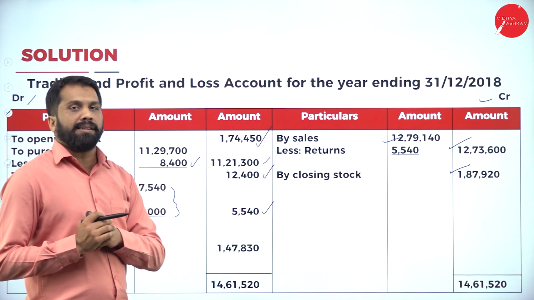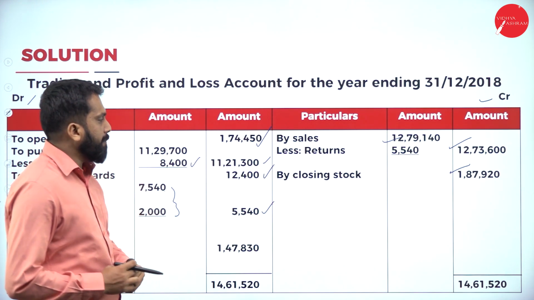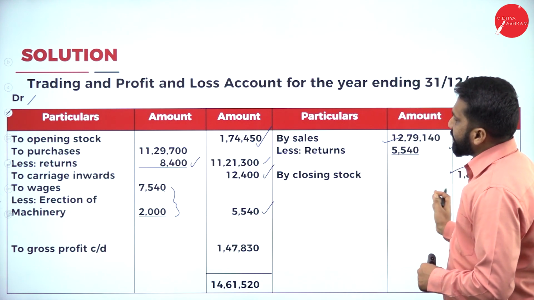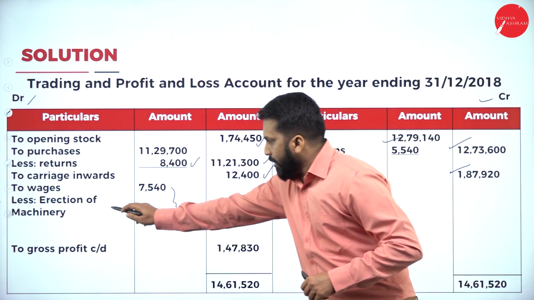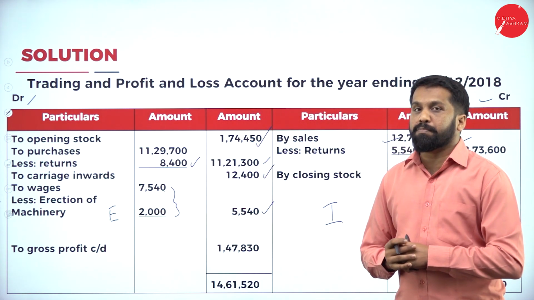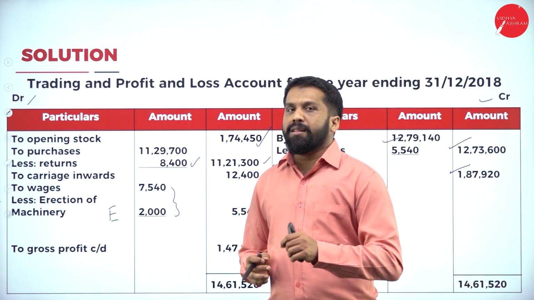Hope you understood. Now, we have completed the first part. Once you're done with this, you have to add and see which side is more. This is your income, this is your expenditure. If income is more, it is gross profit. If expenditure is more, it will be gross loss.